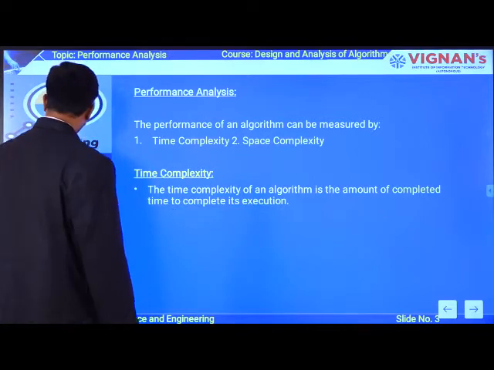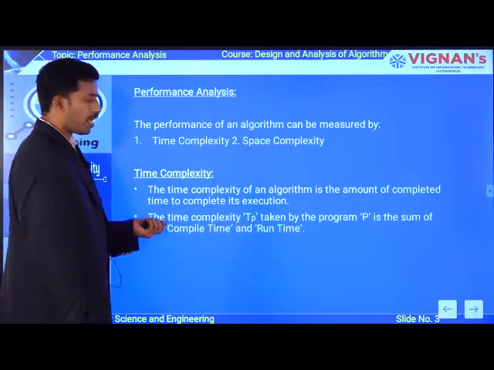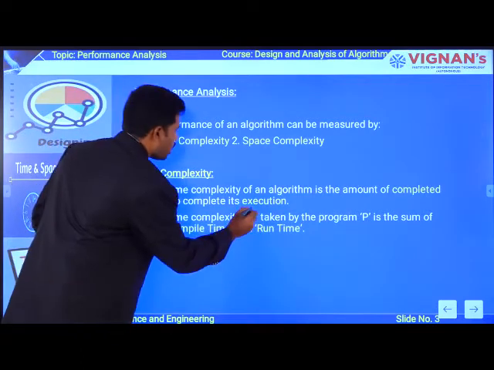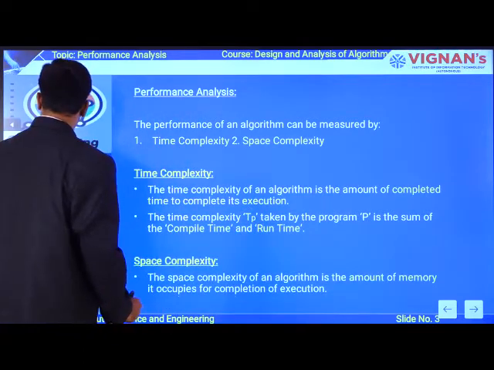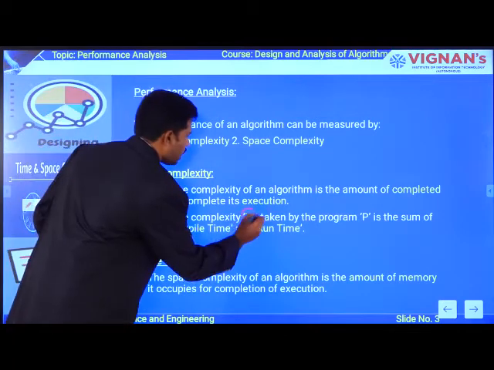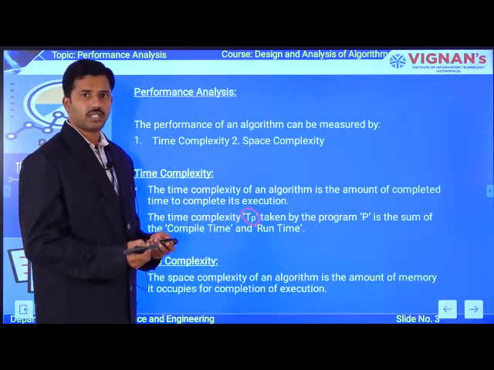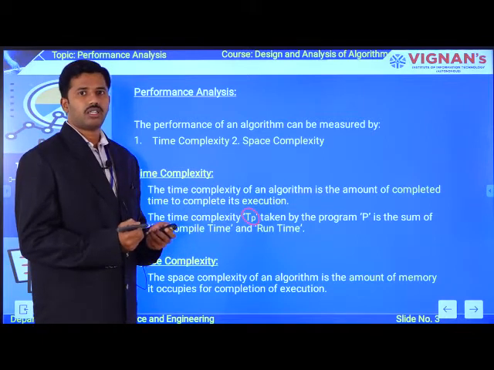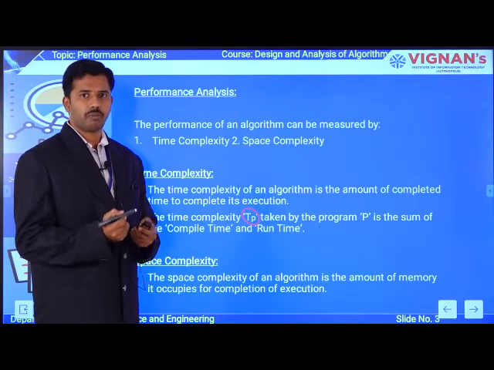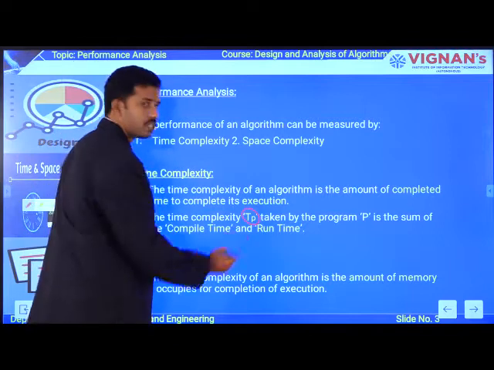Now the time complexity of a particular problem is denoted by T suffix P. T defines the time complexity, and P is the particular problem P. So it is denoted by T suffix P.